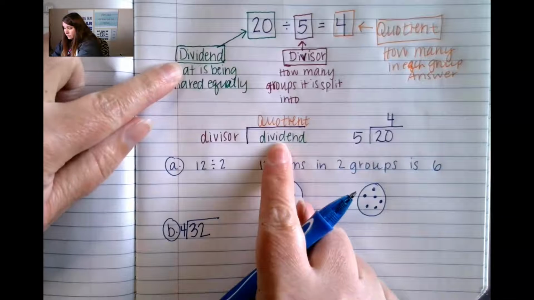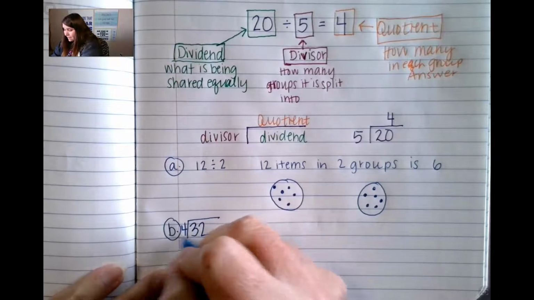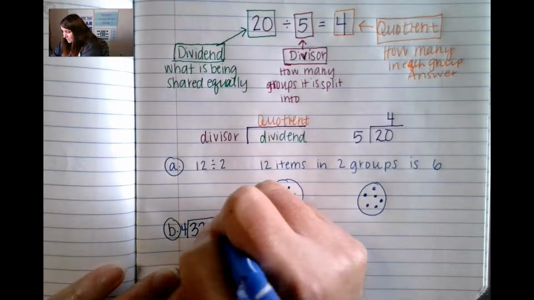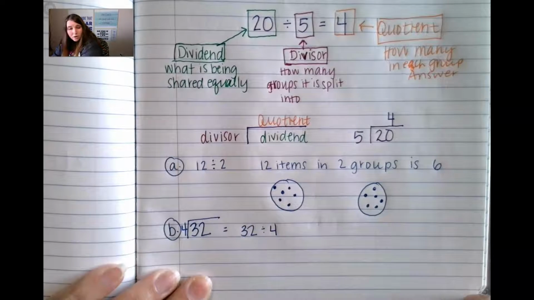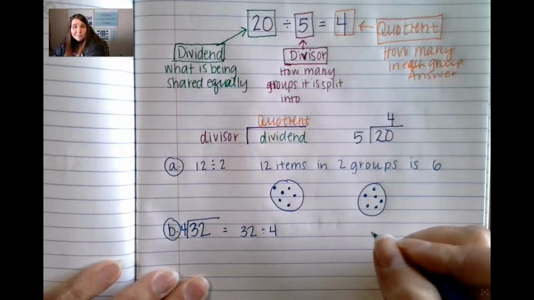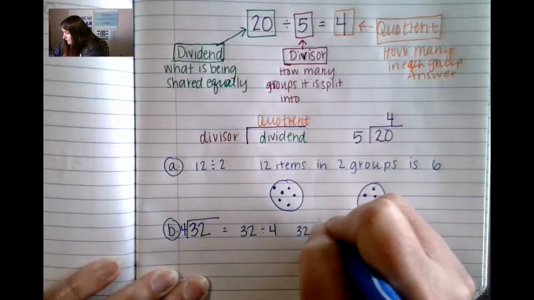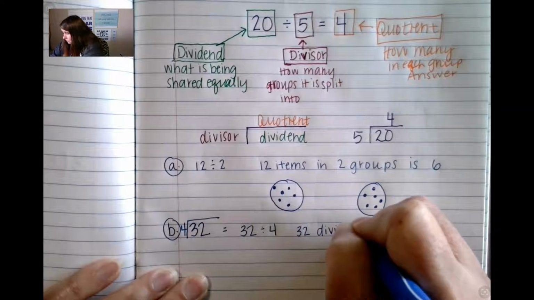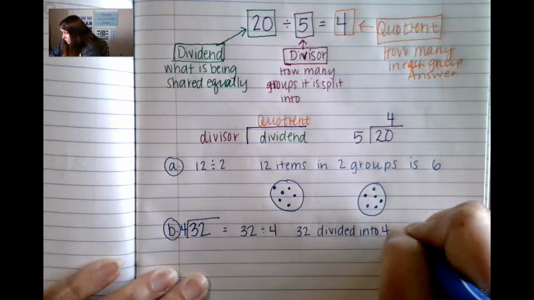If I don't like the way that this is written, I can always just say 32 divided by 4. It means the exact same thing. So this is saying 32 divided into 4 groups.